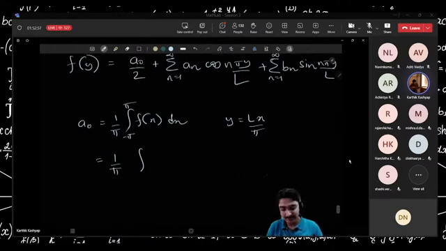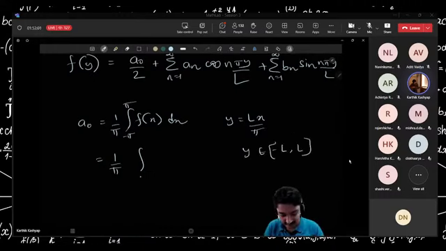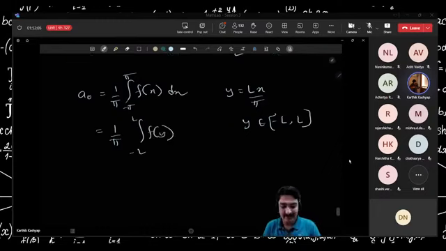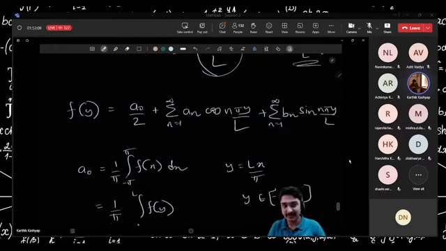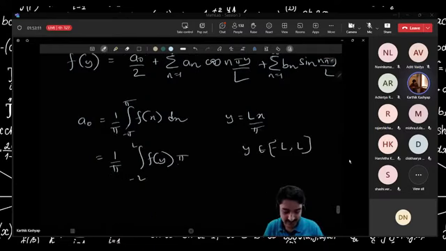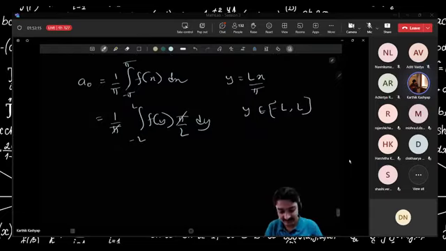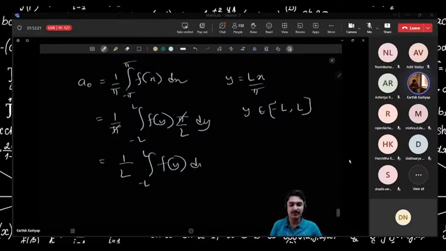So as x goes from minus pi to pi, y goes from minus L to L. So the limits are minus L to L, f of y, and dx we have seen here to be pi by L times dy. So we can just cancel this and take 1 by L outside, integral from minus L to L, f of y dy. So it is almost the same, it's just that pi is replaced by L everywhere in the coefficients.